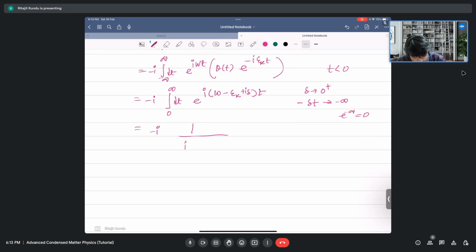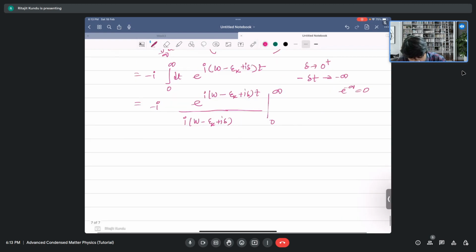So this is just 1 by i(omega minus epsilon_k) plus i delta, and on the top we have e to the power i(omega minus epsilon_k) plus i delta times t, and the limits go from 0 to infinity.